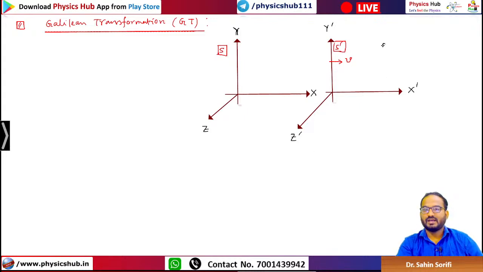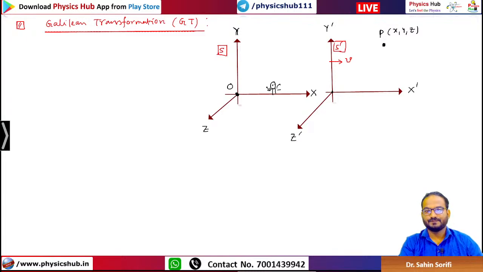Let's say we have an event here. If an observer measures it from this frame, its coordinates will be X, Y, Z, and time may be t. So how do you represent X, Y, Z? Imagine both the frames were at this point, at the center.